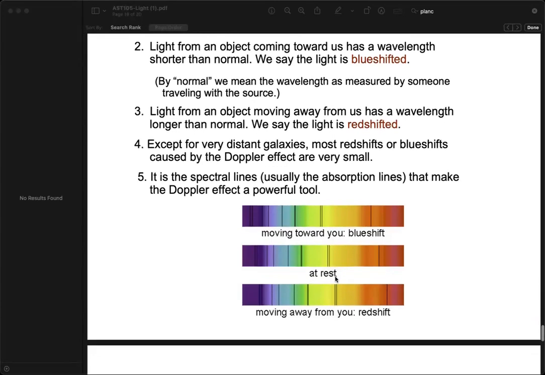And so this is very important. Most of the galaxies and stars that we see in outer space are red shifted. That means most of them are going far away from us, and that is how it was discovered that the universe is expanding.